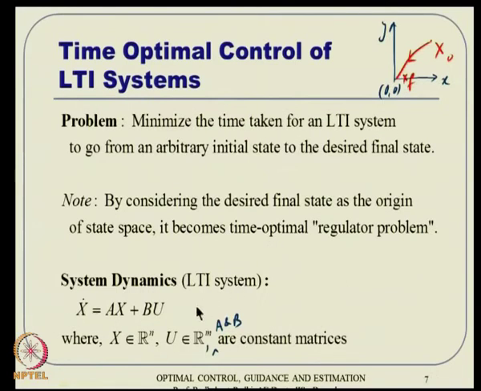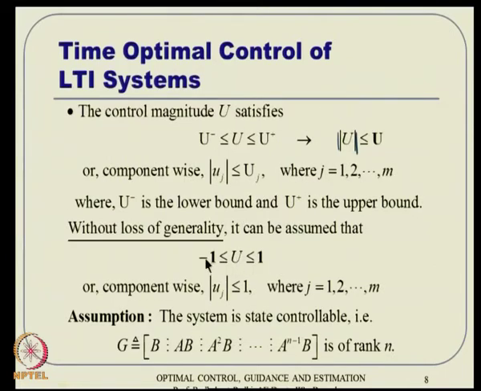If you normalize u component wise, we can absorb the normalizing variable into the B matrix, and the normalized variable will contain the control components. Hence the control is constrained between minus 1 vector and plus 1 vector, or component wise, the magnitude of uj is constrained to be less than or equal to 1.